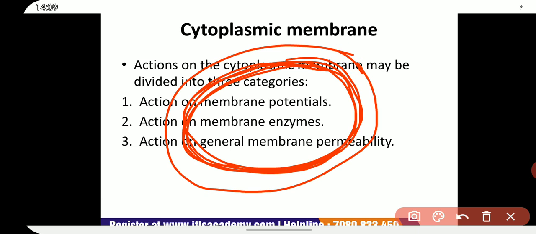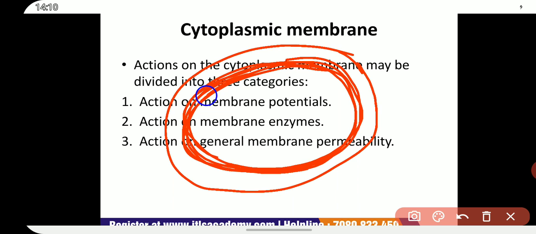As we know, the cell wall is not permeable; it only allows exchange of gases and water, but the cytoplasmic membrane is semi-permeable in nature. It allows passage of many micromolecules that are required for the growth and survival of the cell.